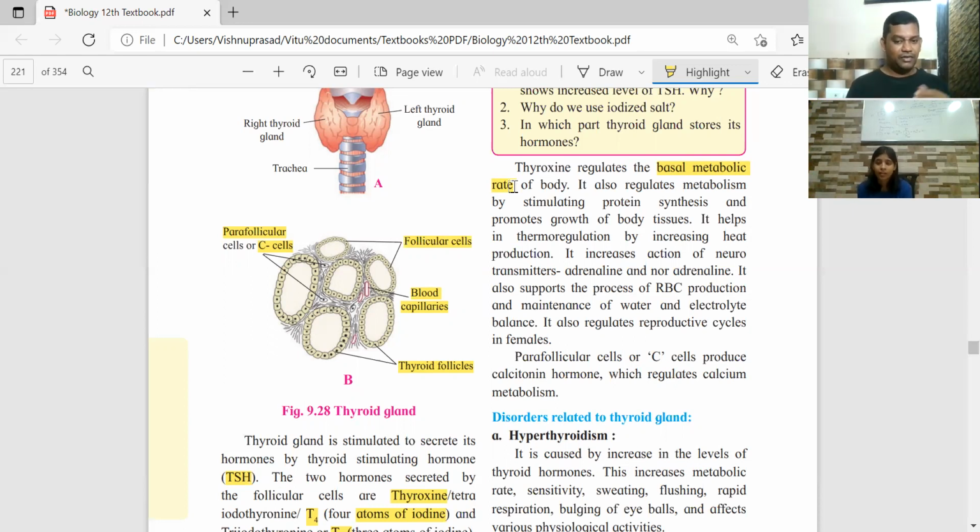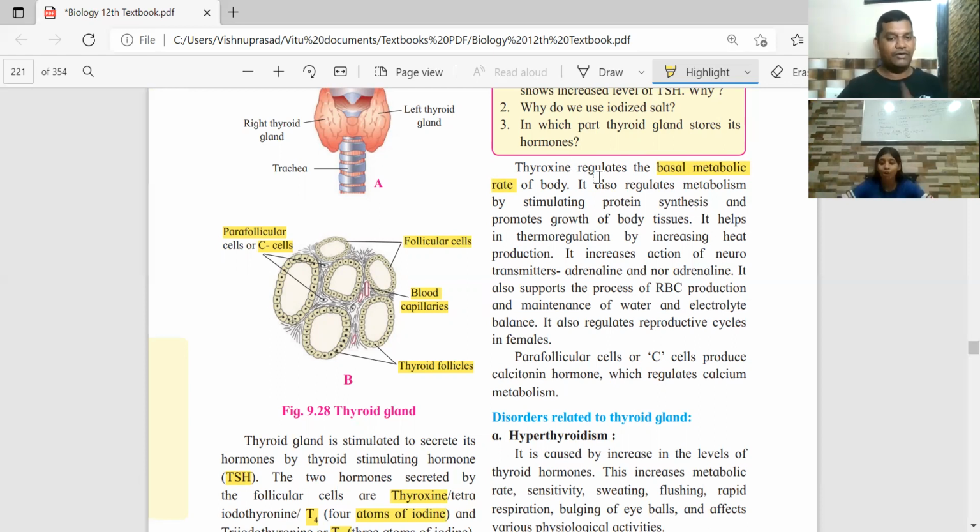You should not be too hyperactive, and you should not be too sluggish. There has to be a proper balance in a healthy individual. It depends on how fast the digestion takes place, and how fast any other metabolic activity in the cell takes place. That is the basal metabolic rate.